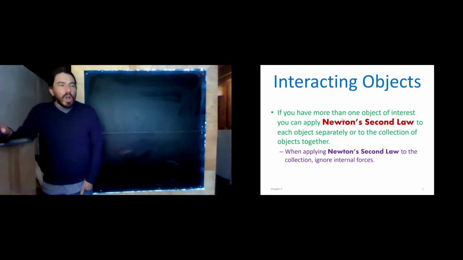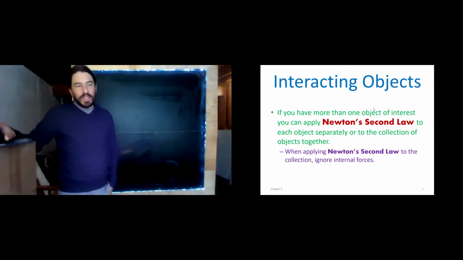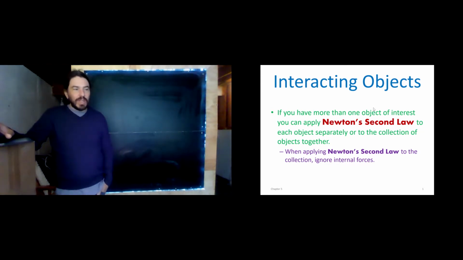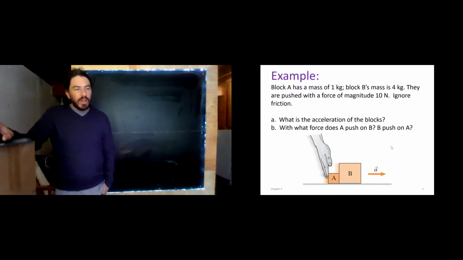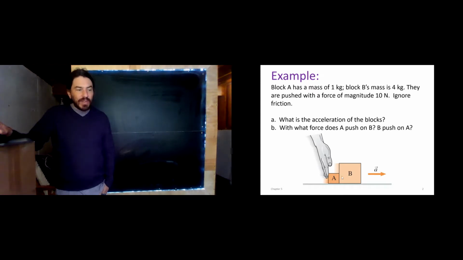So if we have more than one object of interest, we can apply Newton's second law to each object separately or to the collection of objects together. We're going to do this example in just a second, but this is an example of what I'm talking about with interacting objects. Here I'm pushing on this block with my hand, and my interacting objects are A and B, and I suppose my hand is there also.